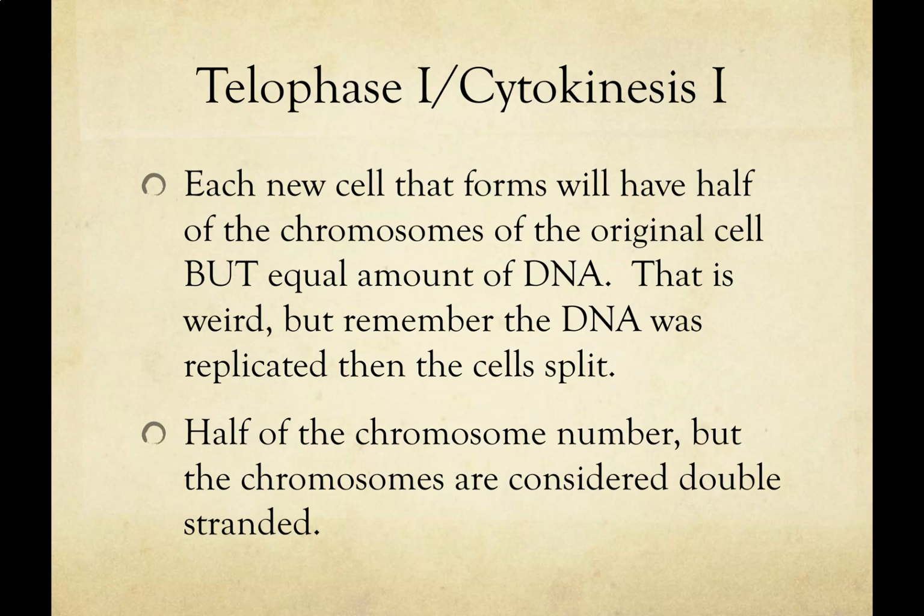By the time telophase 1 and cytokinesis are over, you're going to end up with 2 cells. Now this is where things get a little tricky, and again, I'm not going to hold you crazy to this. But the cells have the same amount of DNA that they started with. You're like, what? Because let's look.